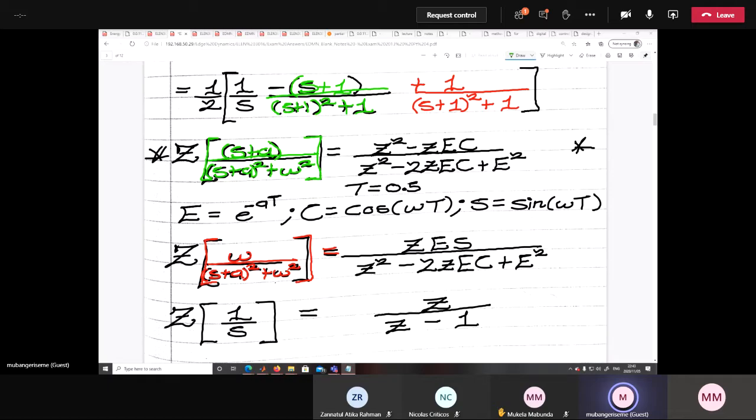Over z squared minus 2 multiplied by z multiplied by exp to the minus 1 multiplied by cos 0.5 plus exp, 0.5.